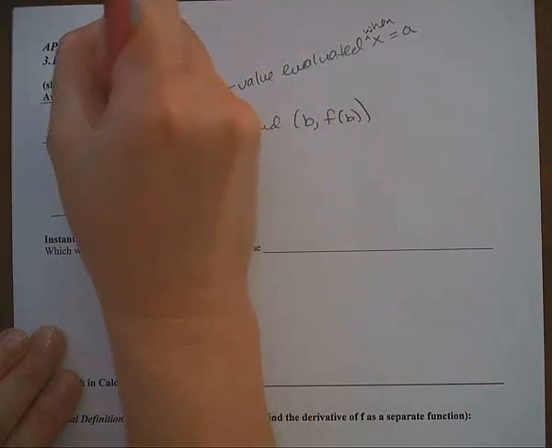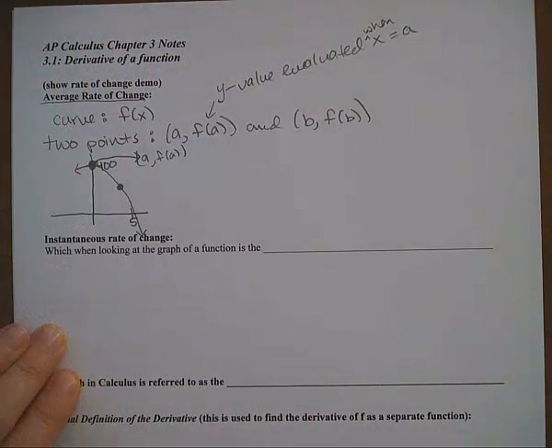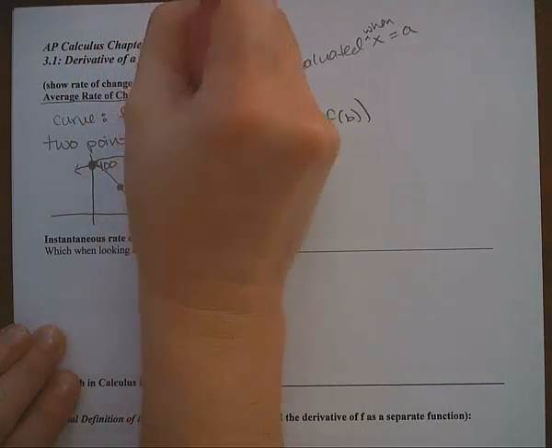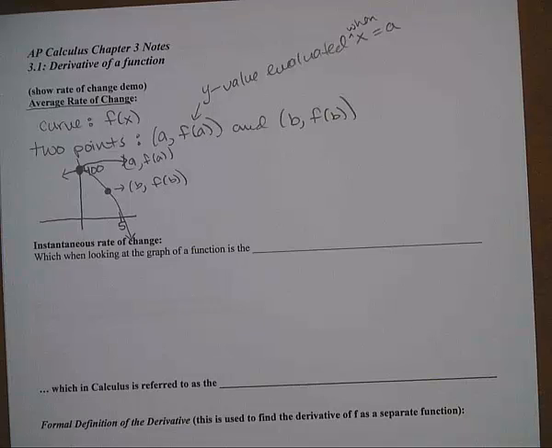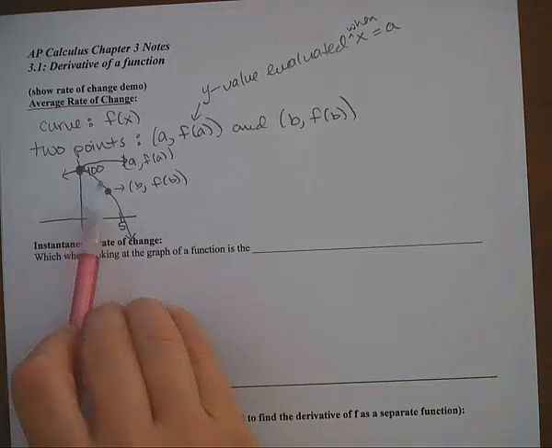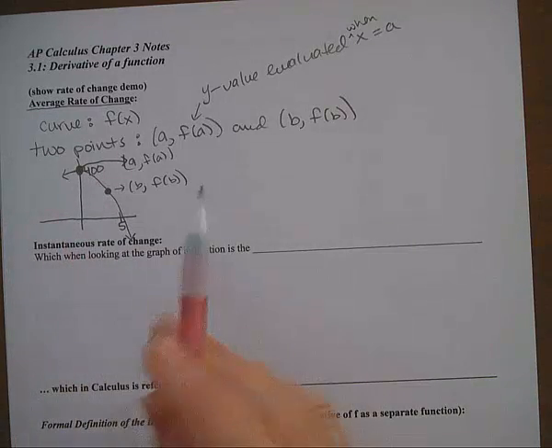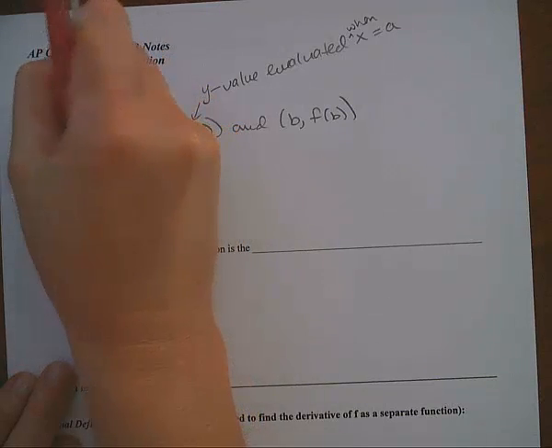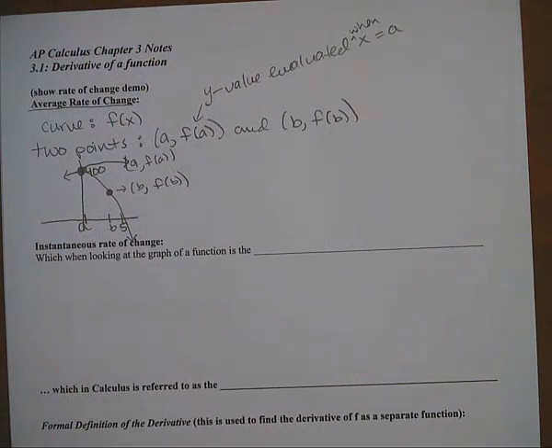And then we had another point further down on the curve, and that was our B, f of B point. Okay. And what we were trying to do was find the rate of change of f of x, the rate of change of the curve on average along this interval from A to B. So here's my interval of x values from A to B.